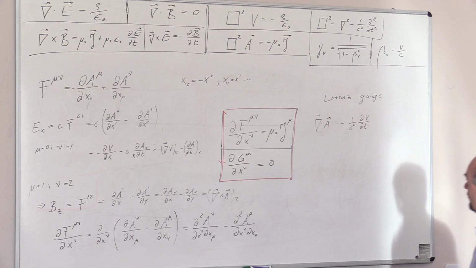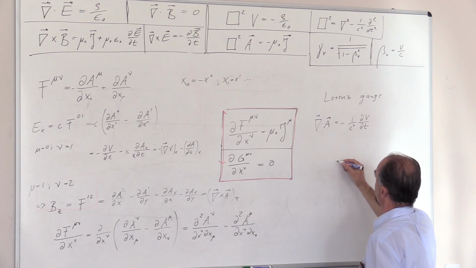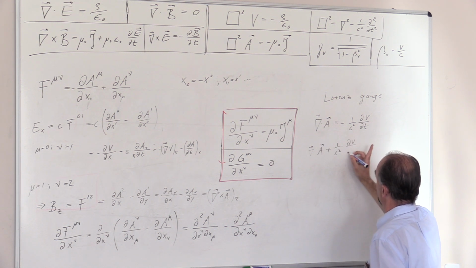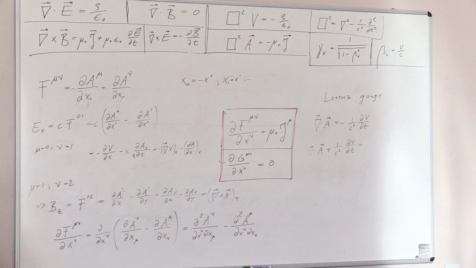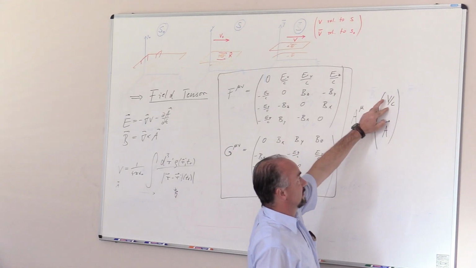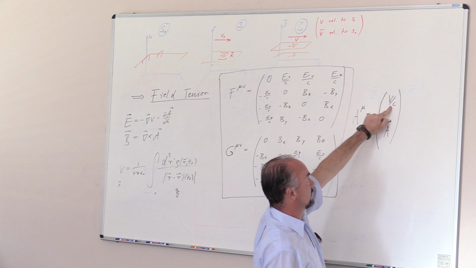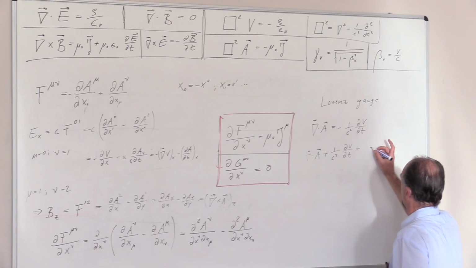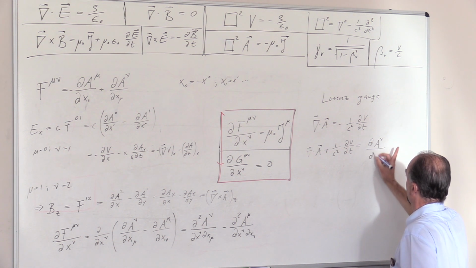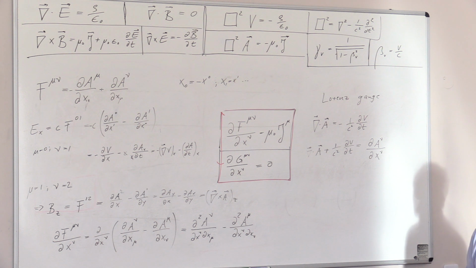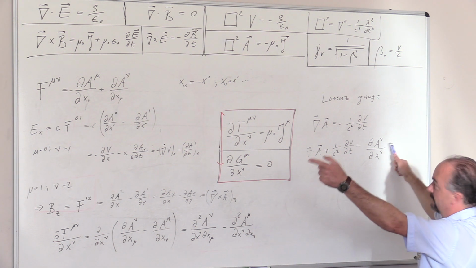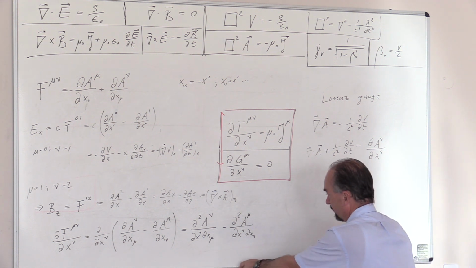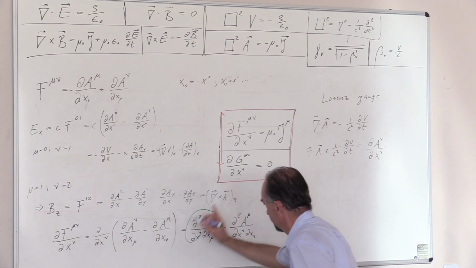So we have divergence A plus 1 over c squared dV over dt, which is in fact simply dA^mu over dx^mu. The zeroth component is A0 equals V over c, and the space component is the divergence.